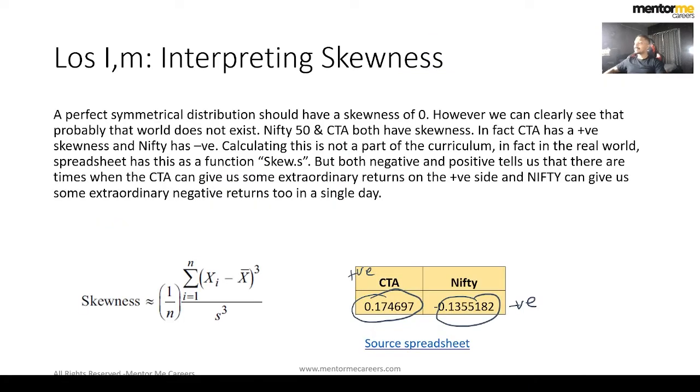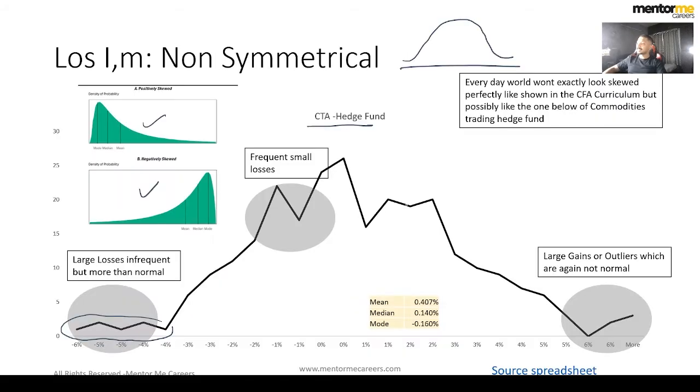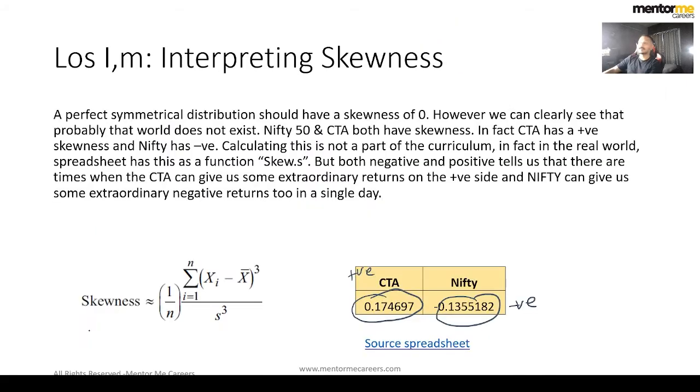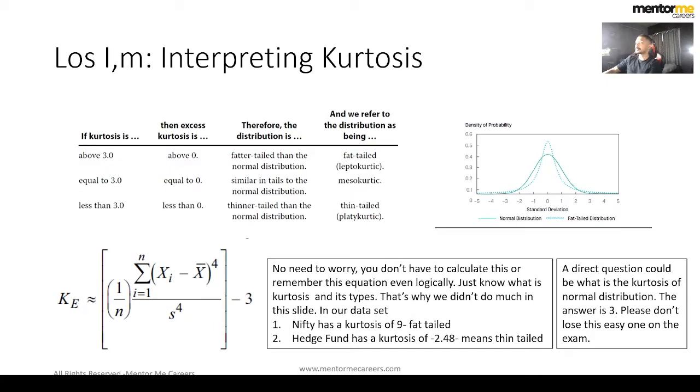But the CTA fund does not, because if you look at the CTA distribution, it has frequent smaller losses and larger gains, again infrequent, but extreme loss cases are not there. That's the reason it does not have a negative skewness.